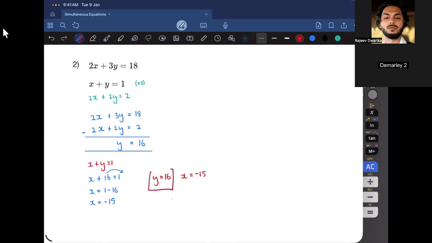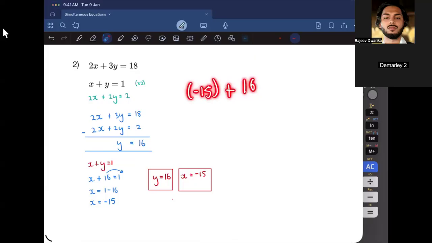And if you wanted to verify it, well, that's not hard. You know how to do that. Yeah. So let me just use this equation. It's saying that if I add x and y, I suppose to get 1. So x is minus 15 and y is 16. If I take away 15 from 16, what am I going to get? Negative 1, sorry. Not negative 1. It's 1.